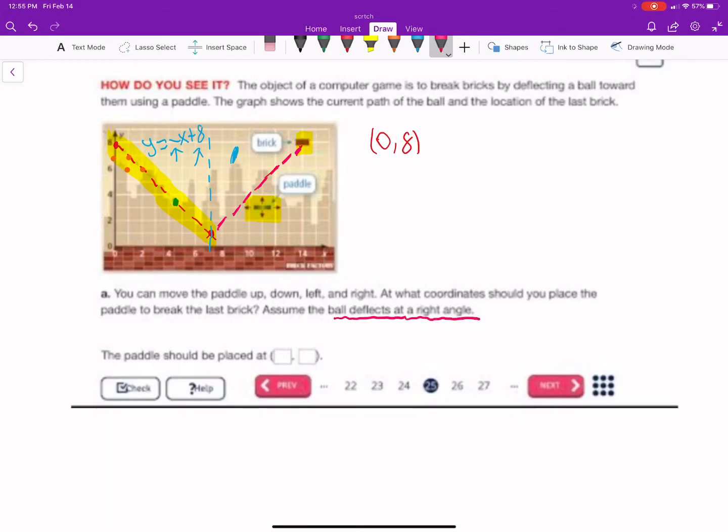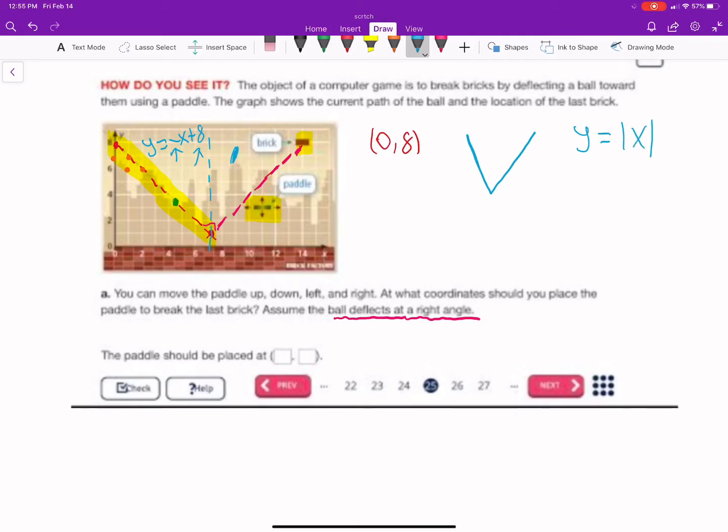Now, looking at this V-shaped graph, we should know the parent function is the absolute value of x.